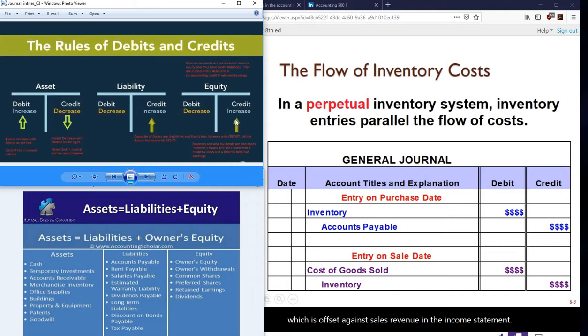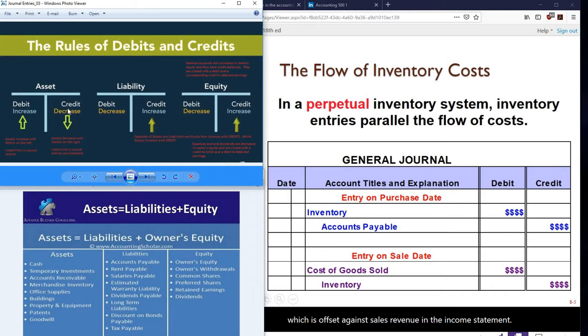So if you have an increase in equity, you're going to credit that, versus on the asset side, you're going to debit it. Now, if it was a liability, you would also credit it. So on the right side of the equation, you credit increases, while on the left side, you debit increases.